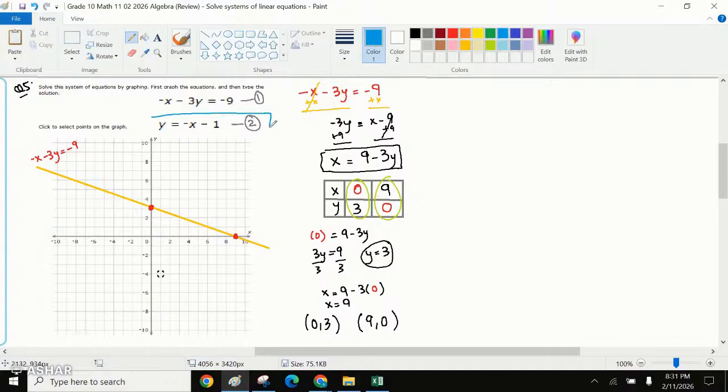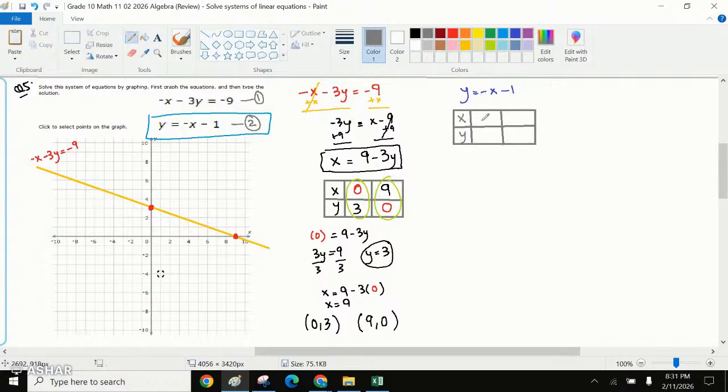Equation number 2 stated that y is equal to minus x minus 1. We do not need to simplify in this case because it's already simplified. We suppose the values of x and y. After this, I will try to do a word problem for this, okay?